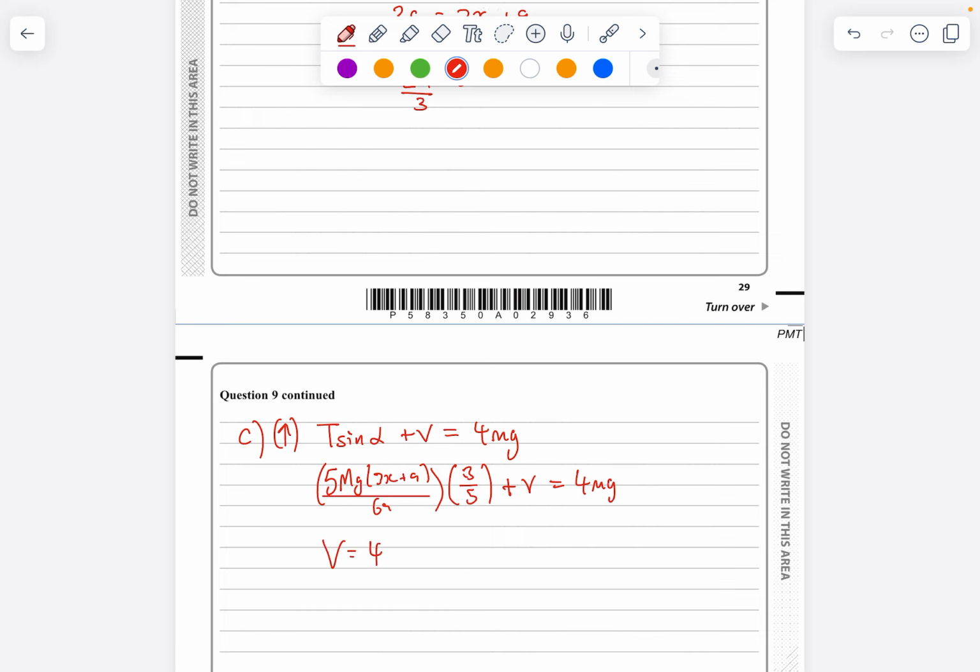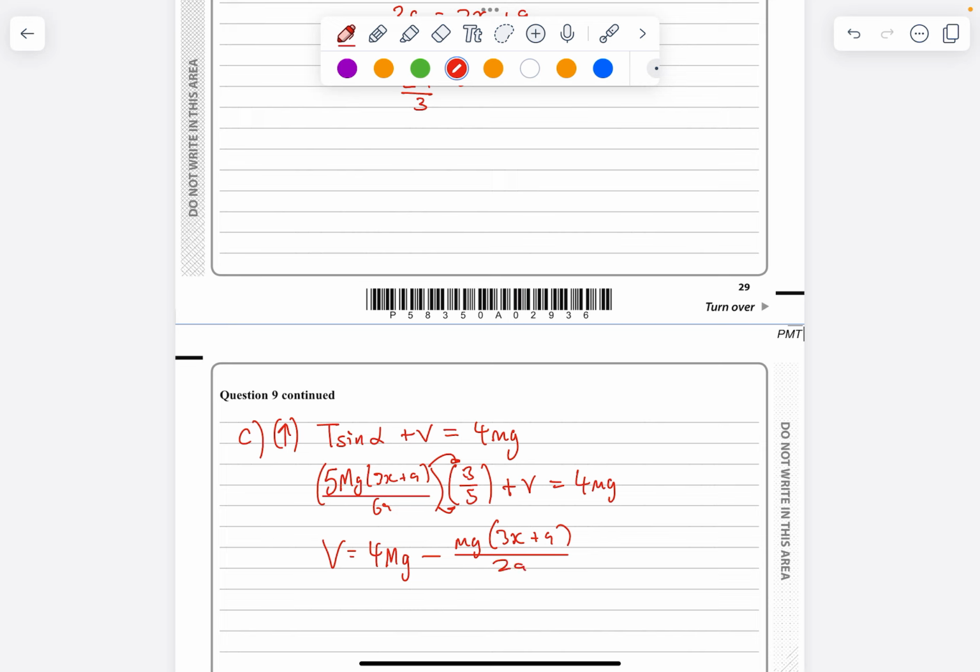V equals 4mg minus T, which is, when I've multiplied these two together, I end up with mg, 3x plus a all over 2a.